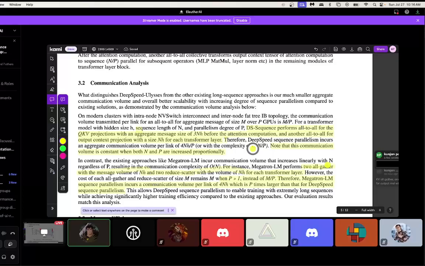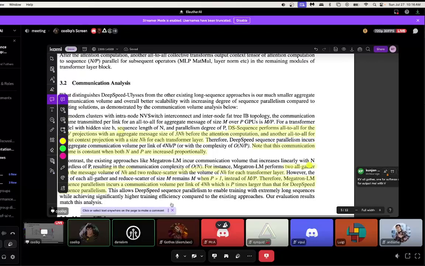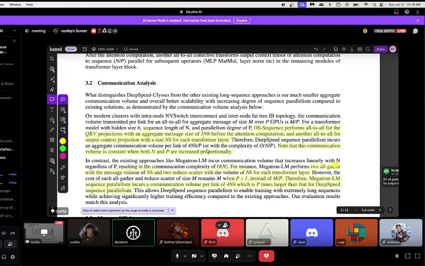The implementation they're referring to is one where, inside the attention block, there is no sharding. That's why they're saying this. It's not even sharded by head. That's why they're not dividing by P.